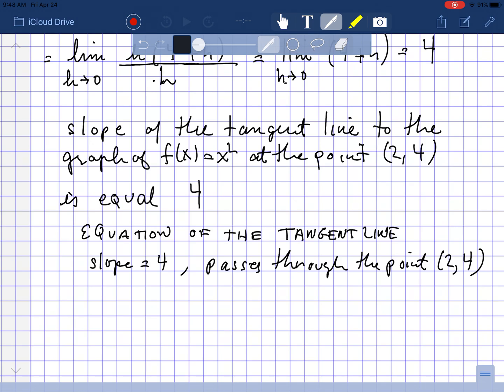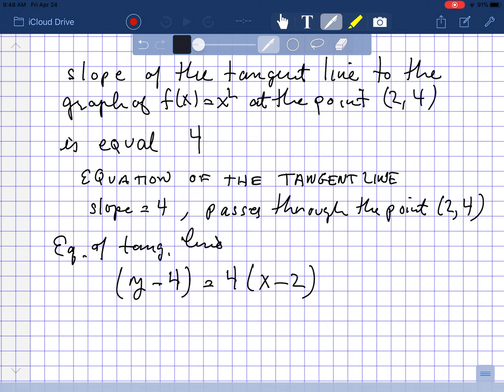So the equation of the tangent line is given by y minus 4 is equal to 4 times x minus 2. Right. So this is going to be what? This is y is equal to 4x minus 8 plus 4, so plus 4. There we have it.